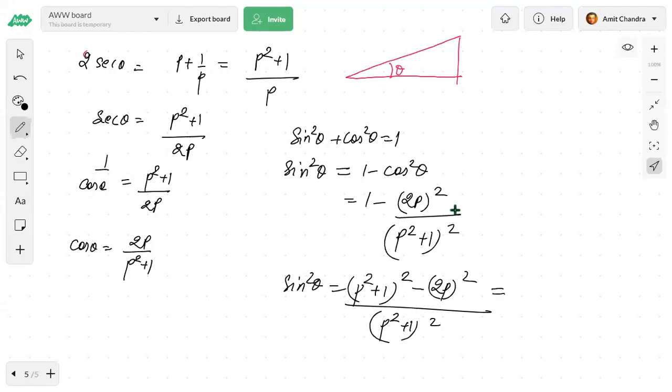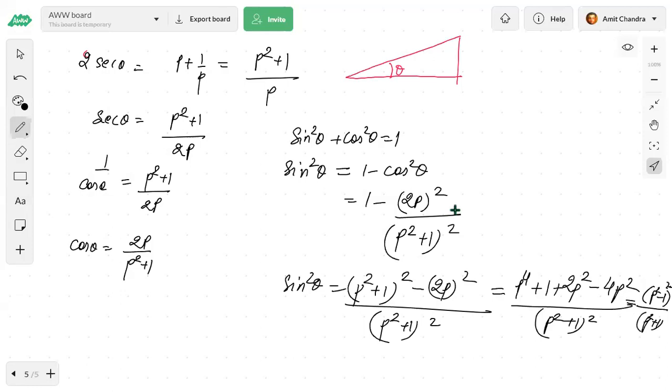Okay, so this will be p to the power 4 plus 1 plus 2p square minus 4p square divided by p square plus 1 whole square. So the 2p square will get cancelled, and the numerator will simply become p square minus 1 whole square divided by p square plus 1 whole square. This is equal to sin square theta. So from here we will get sine of theta is equal to p square minus 1 upon p square plus 1.